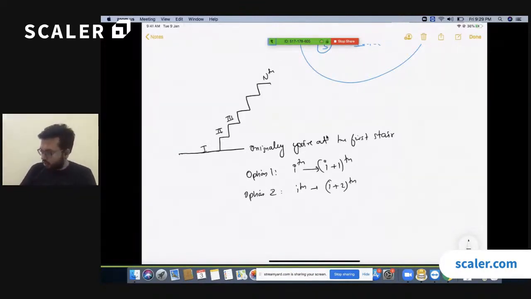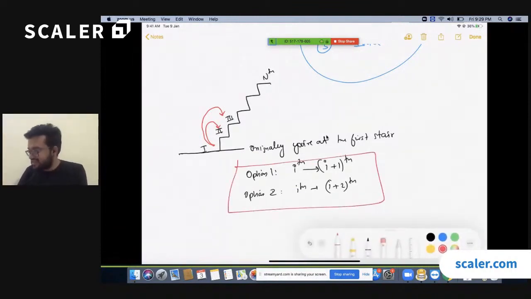Okay, so what does that mean? Let's say you were at the first stair. The first option that you have is to go to the second stair, or you could have actually chosen to directly jump to the third stair. You could have avoided going to the second stair and directly jumped to the third stair. These are the two options that you have.